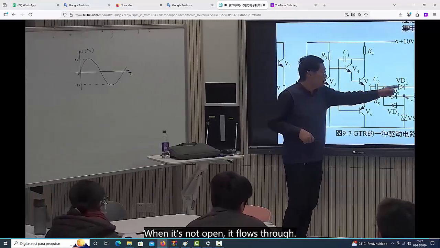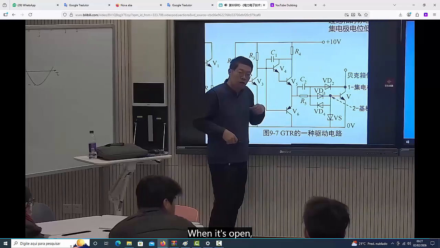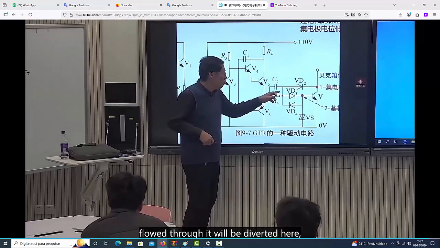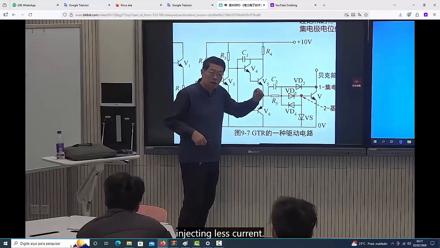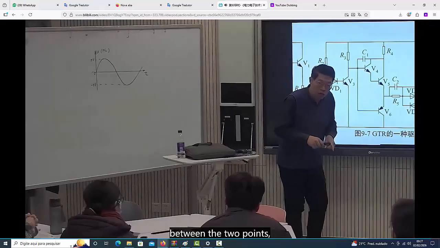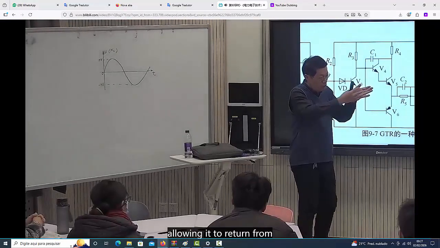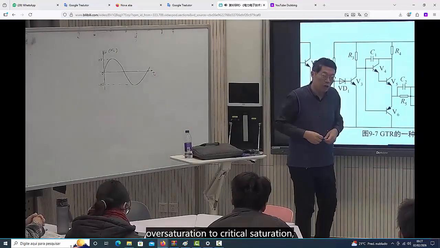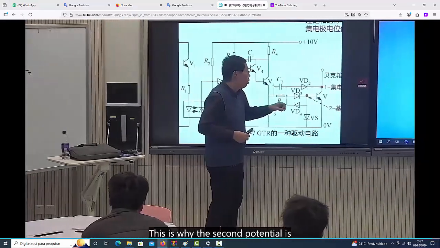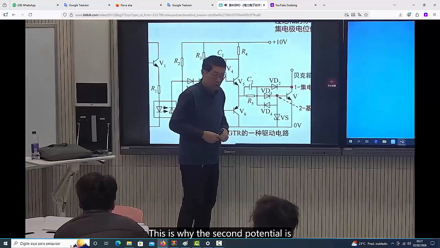When it's not open, it flows through. When it's open, a portion of the current that originally flowed through it will be diverted here, injecting less current. This reduces the potential difference between the 2 points, allowing it to return from oversaturation to critical saturation, making the potential difference between them less significant. This is why the second potential is different.